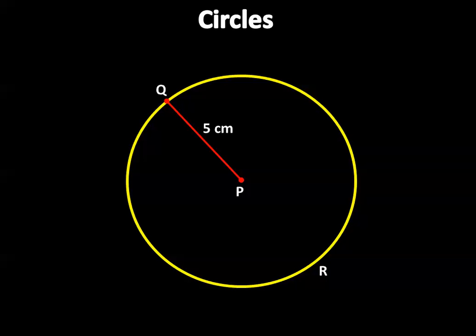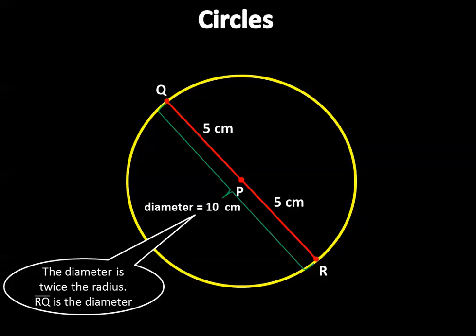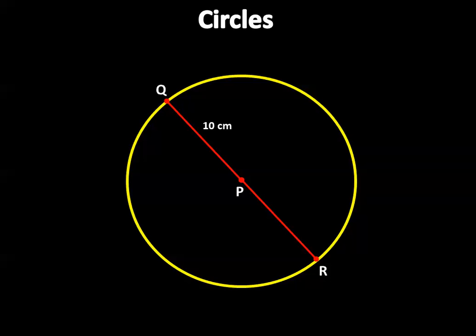Any segment that passes through the center of a circle and whose endpoints lie on the circle is called a diameter. Segment RQ is the diameter of circle P. The term diameter can refer to the length of a particular segment. The diameter is twice the radius. All diameters of a given circle are congruent and have the same length.